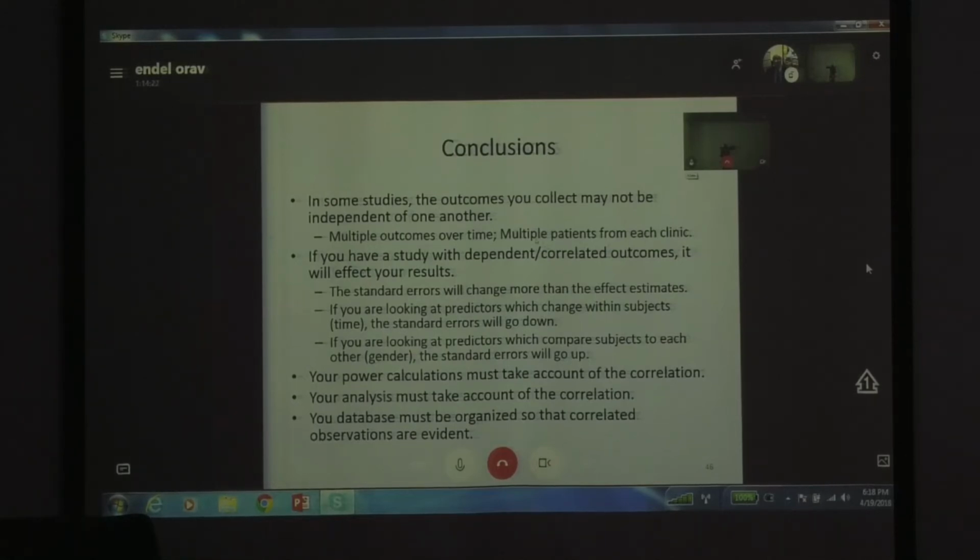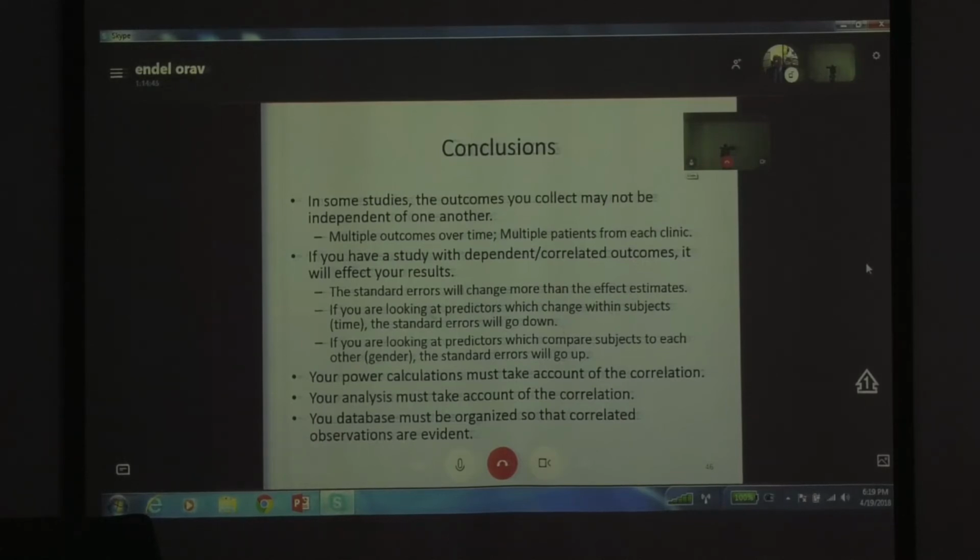This would be my nested hierarchical clustered study design, which I didn't pursue, but the same issues pertain. If you do have a study with these sorts of dependent or correlated outcomes, it'll affect your results. Mainly, it'll affect the standard errors more than the betas, the effect estimates.